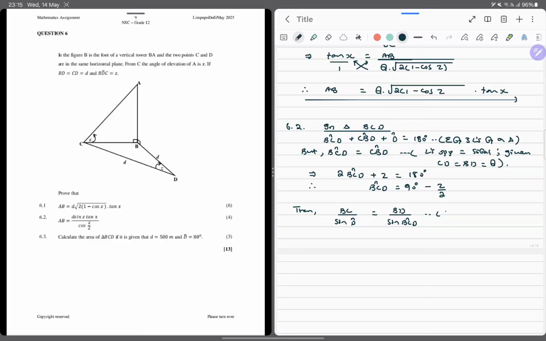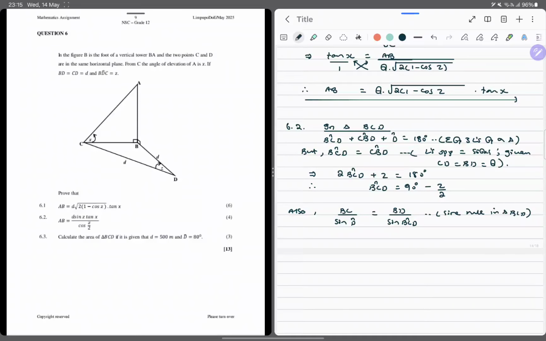So this is the sine rule in triangle BCD. Of course, be very careful. We need to be clear. Perhaps to say "then" is too soon. We can say "also."